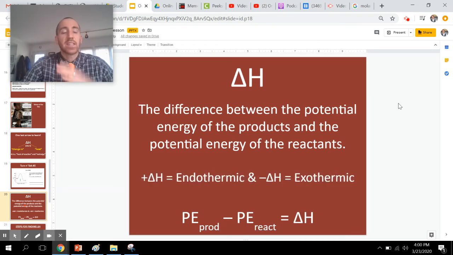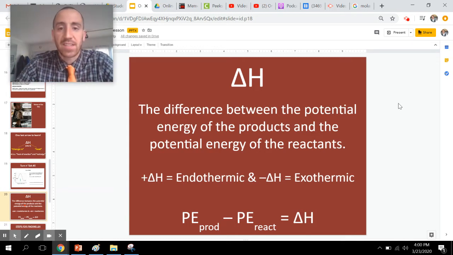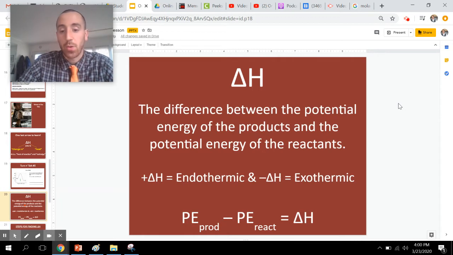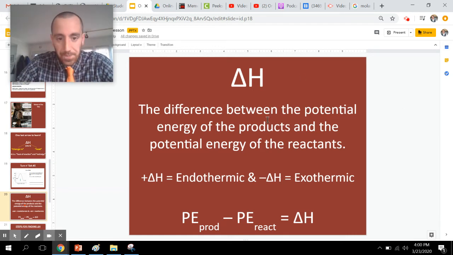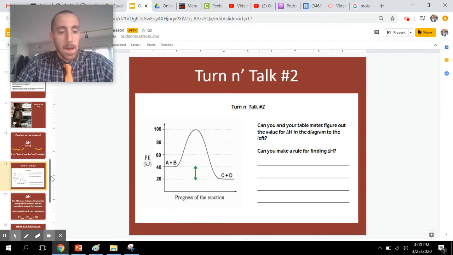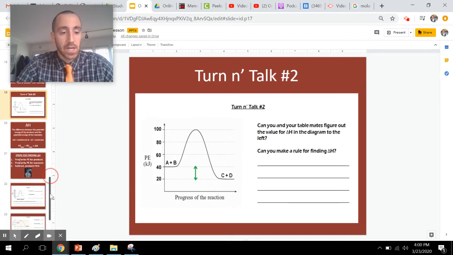We started to see this now. We're going to come back full circle from one of our earlier lessons on this topic. Now we have an actual surefire way to prove whether or not we have an endothermic or exothermic reaction. And it's all going to be about quantifying the value of delta H. Okay? So the important thing is, as I go back to your turn and talk, it's always got to be products minus reactants.